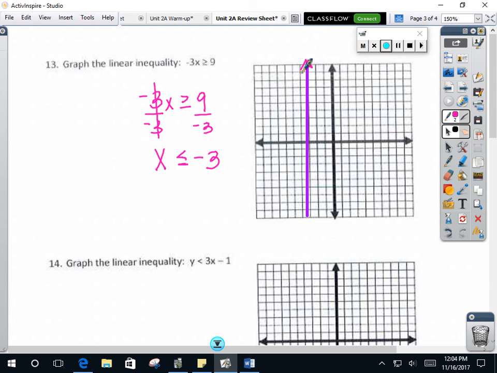But in addition to all the points on this line being solutions, the rest of the solutions are found where? Less than the line, which would be to the left. Numbers less than negative 3. Yes, Samantha? Hold on 1 second. Okay, all the solutions are less than negative 3, which would be left of negative 3.